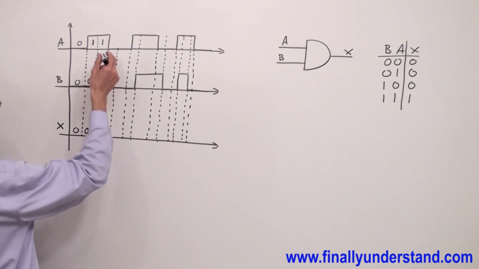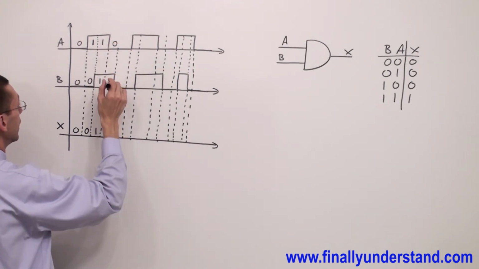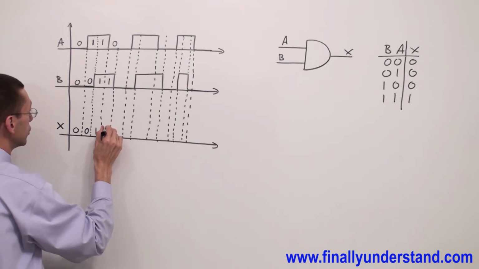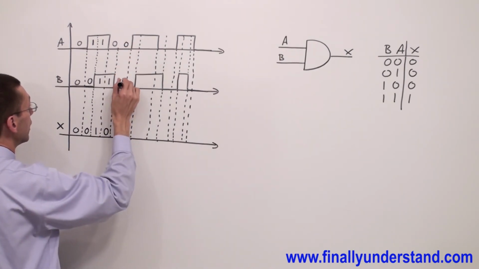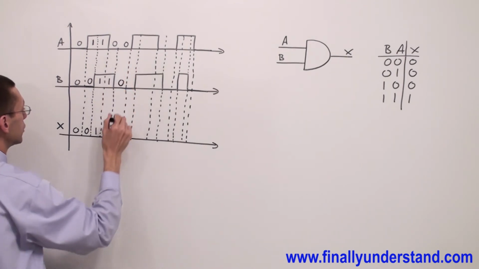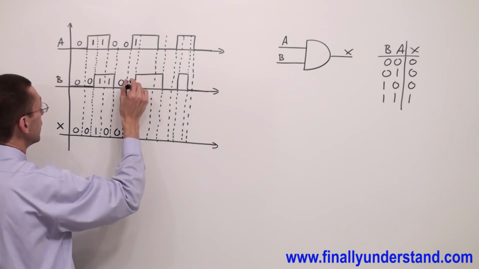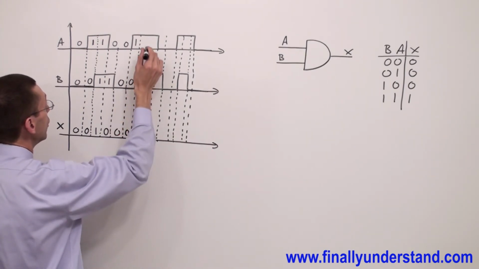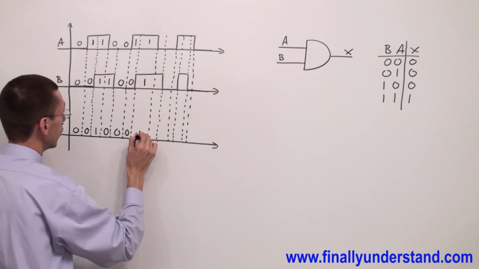So let's take a look at this column. We have 0 and we have 1 over here. 0 times 1 gives me 0. I have 0 and 0. 0 times 0 gives me 0. I have 1 times 0 gives me 0. 1 times 1 gives me 1.